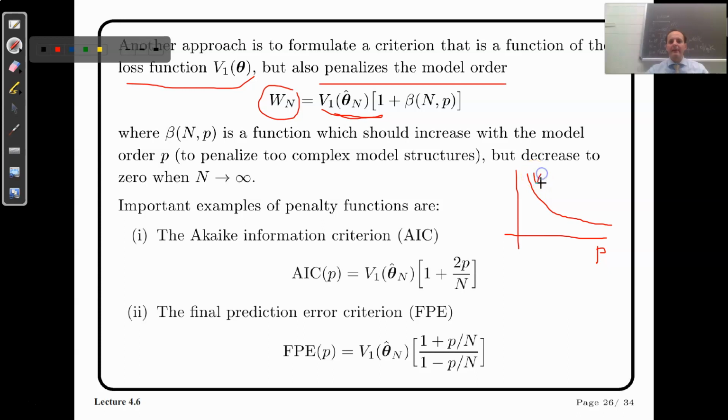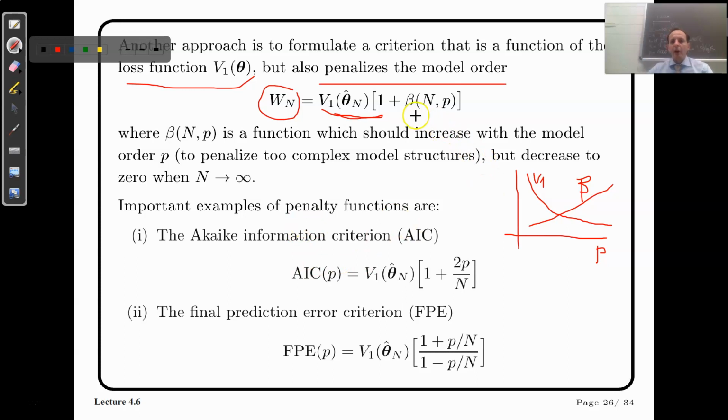So this is V1. And then we have a function beta. Normally beta increases with the number of parameters. Beta can be a linear function that increases with the model order P, so as to penalize too complex model structures, but it goes to 0 when the number of data tends to infinity.